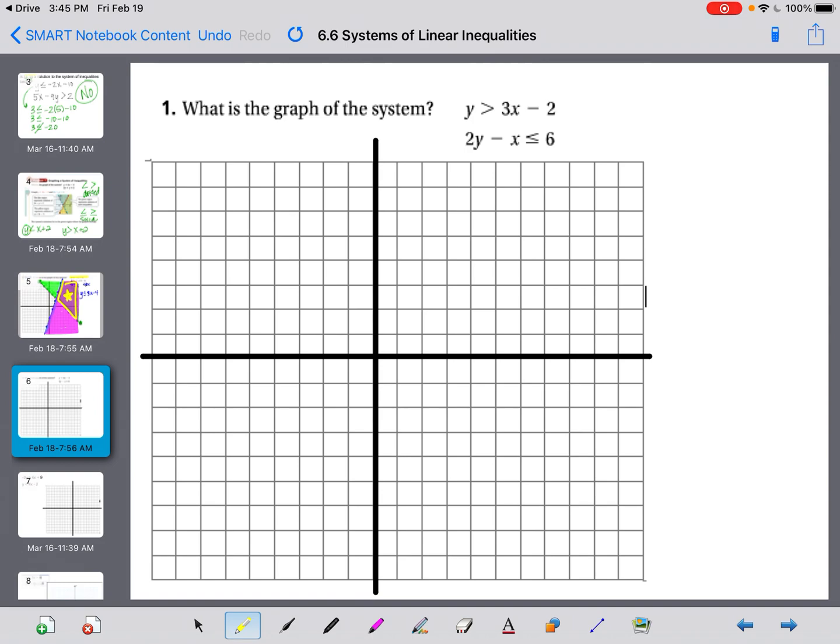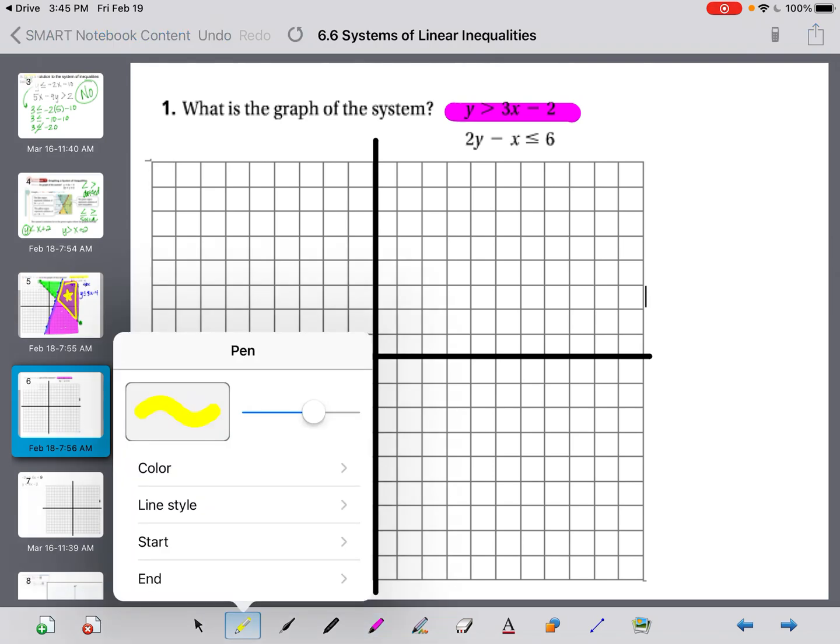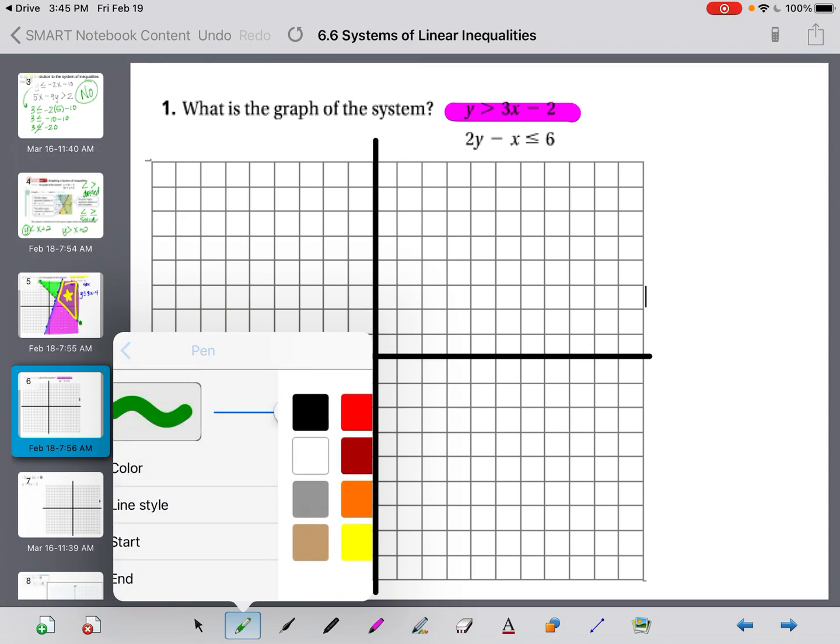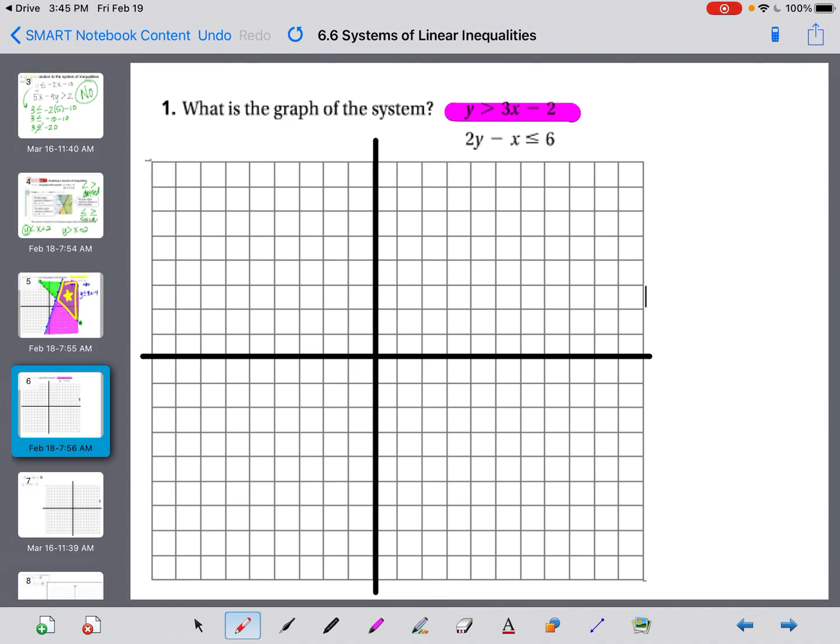The first inequality is already written in slope-intercept form. So I'm going to put my first point at -2 and use the slope 3/1 to finish my line.